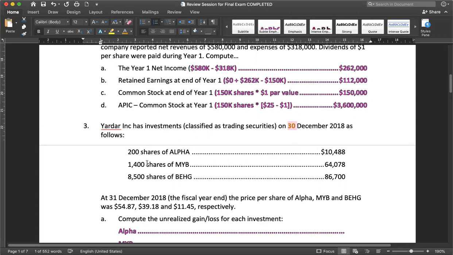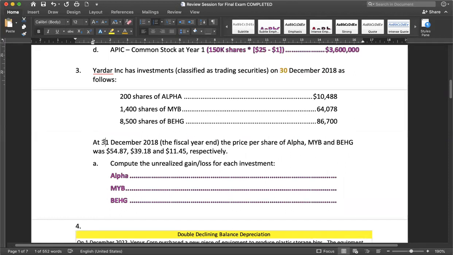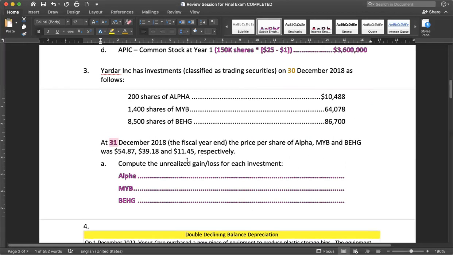They also have 1,400 shares of MYB company, and those had a cost of $64,078. And then they have $8,500 of BEHG, and those cost $86,700.